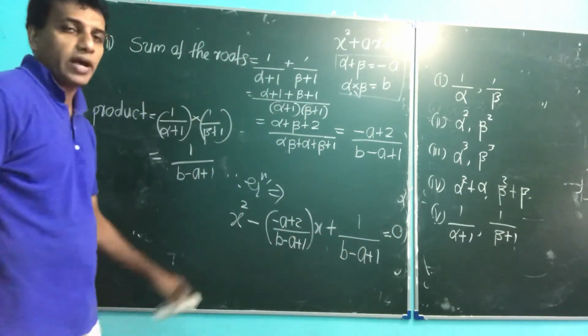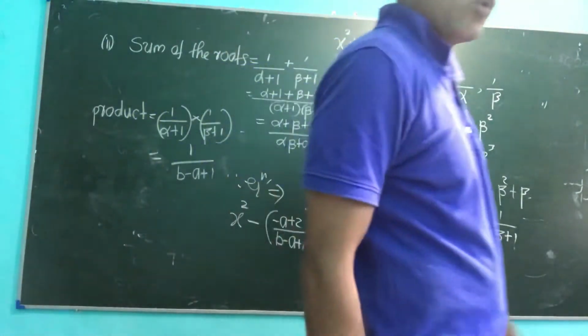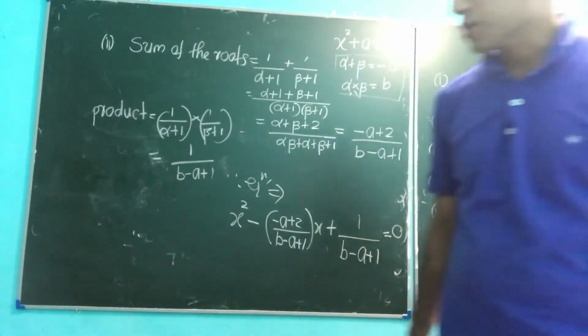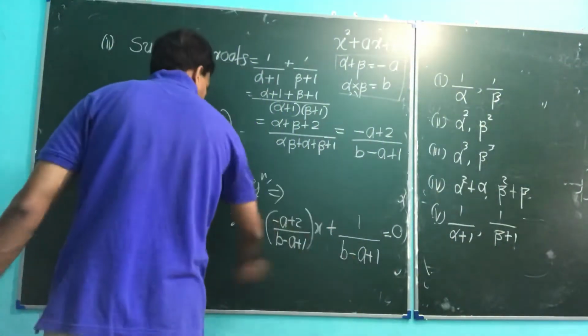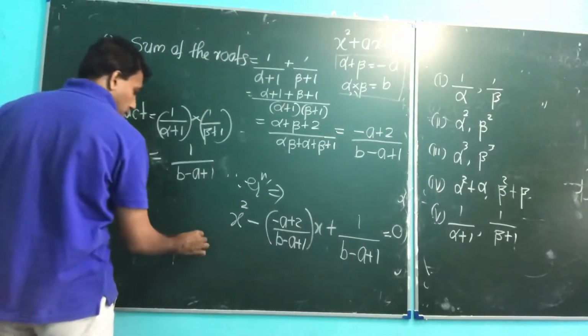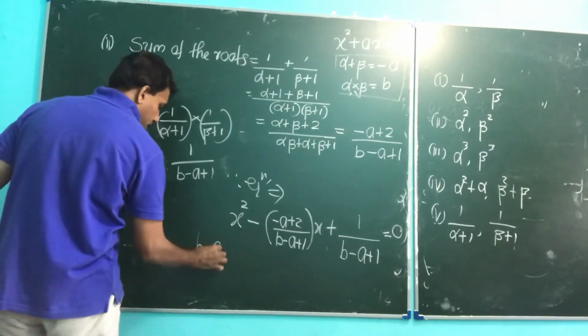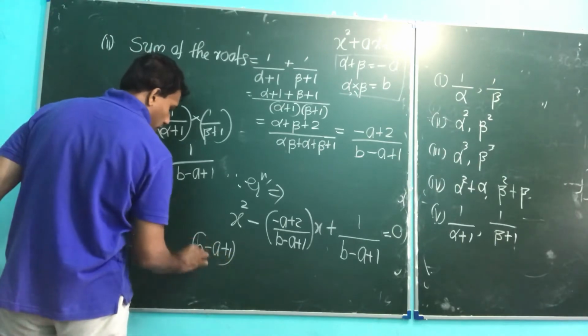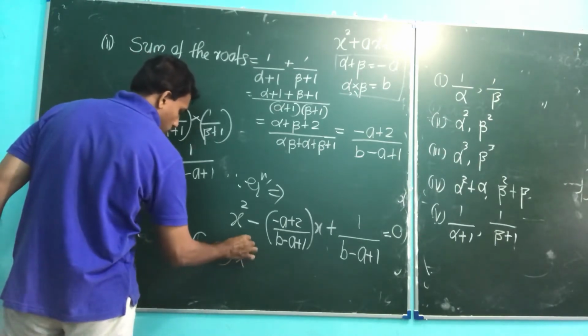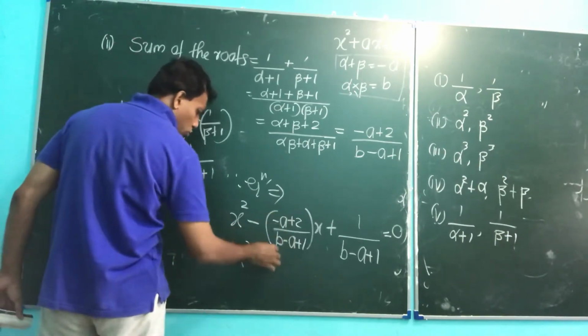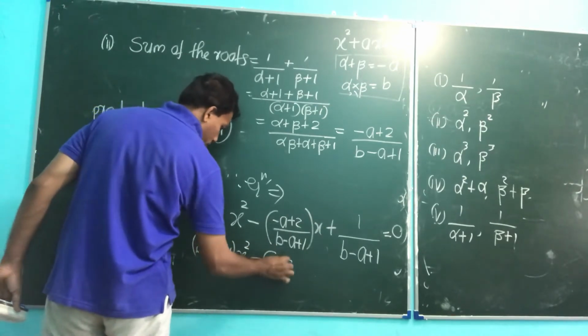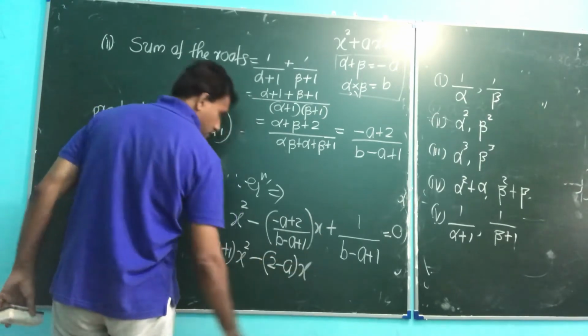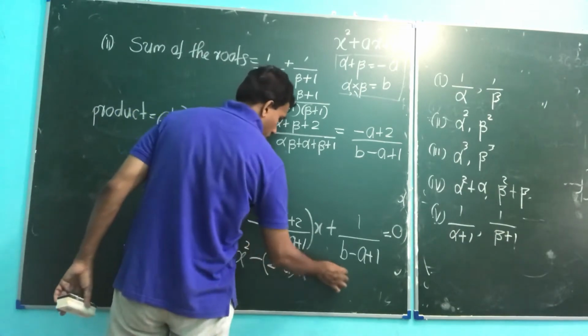That is x squared minus sum of the roots times x plus product of the roots. Now it is better to multiply by the LCM, b minus a plus 1, giving b minus a plus 1 times x squared minus, better positive first, 2 minus a, times x, plus 1.